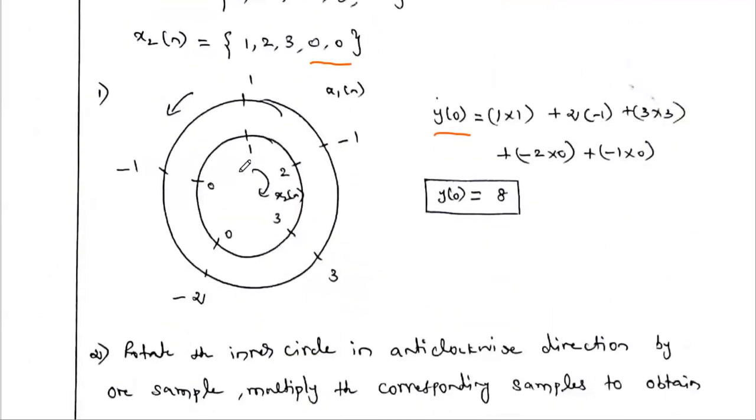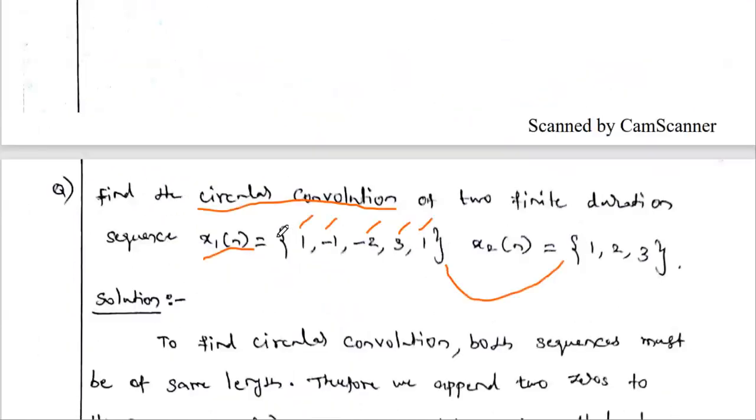Then we are going to perform the concentric circle method. We can perform this problem by two methods: the concentric circle method as well as the matrix method. But the problem does not mention the method, so we may use either one to find the circular convolution output, though the matrix method is a very simple method.